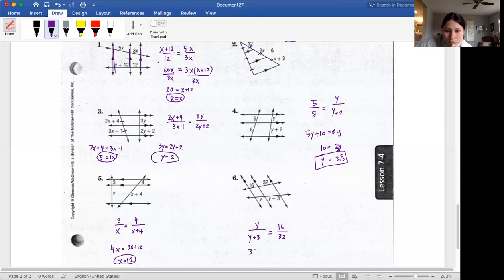So this is 32y equals 16y plus, what's 16 times 3? 48. So I'm going to do 32 minus 16, which is 16, and then do 48 divided by 16, and that's 3. So y equals 3.